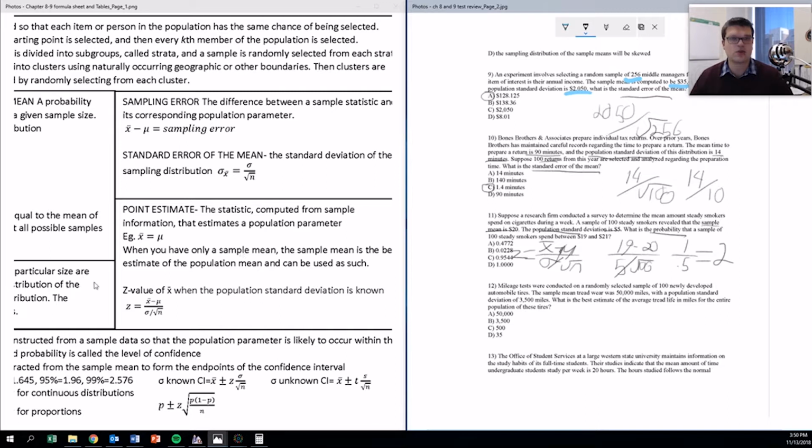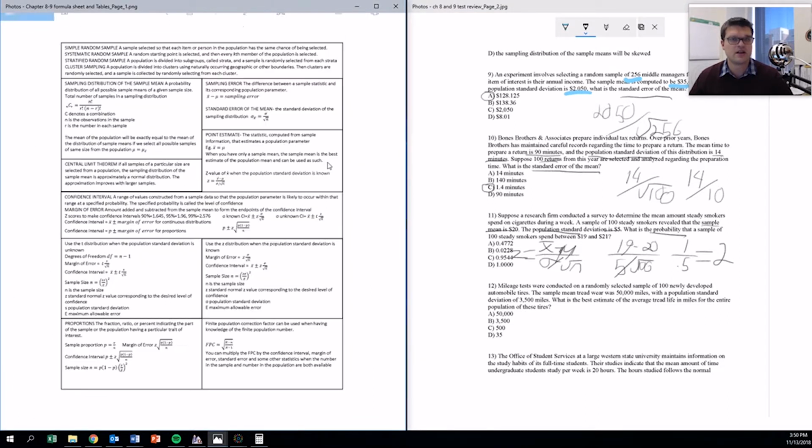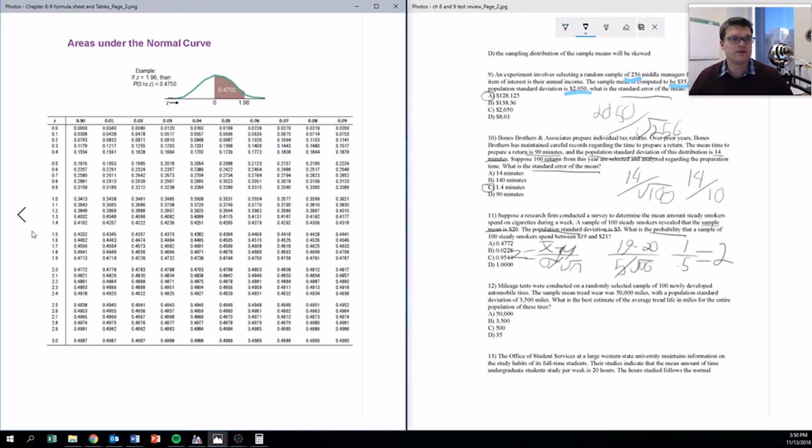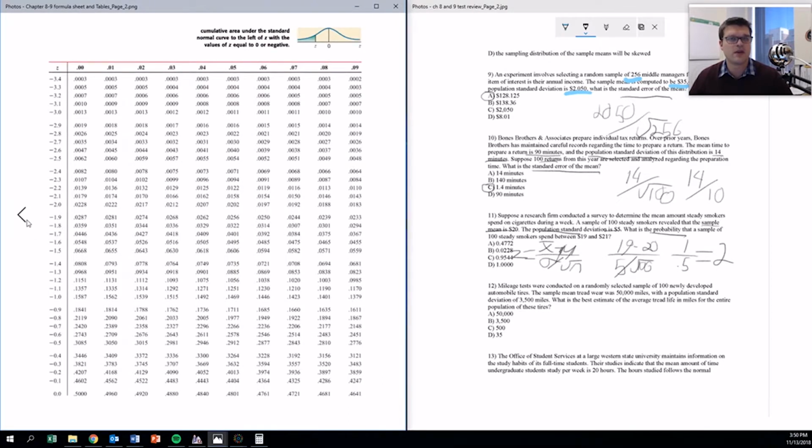So let's take a look at z-scores for a minute. We've got two different z-charts. If you've got a z-score of 2, we find 2, and this is the probability of the sample being above 2 standard deviations above the mean.